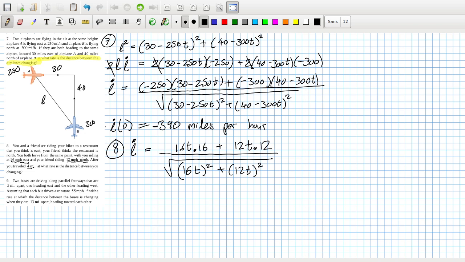So we want the time for when it reaches 4, and this is 16t and 12t. So what would the t need to be here?